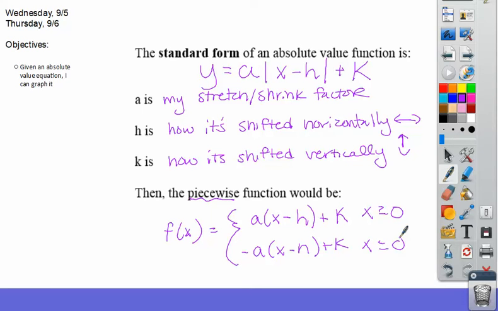I just took off the absolute value marks. You have your positive and your negative values, and I don't need those. I'm going to keep doing it, but I don't need an equal sign underneath one or else it won't be a function.